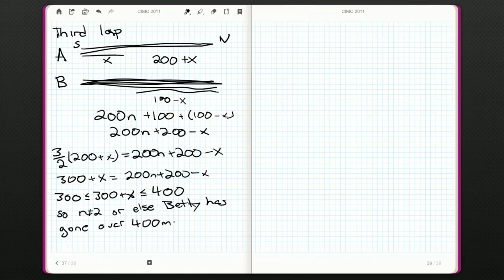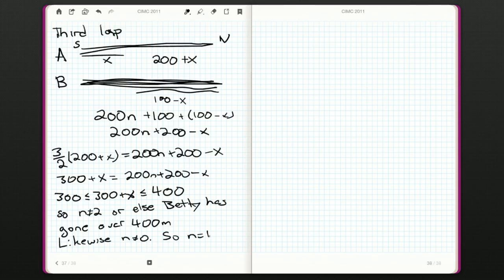Right, there's no way n could be 2, otherwise Betty will have gone too far. She'll have gone 400 meters, and our inequalities here say she has gone at most 400. So n can't be 2.